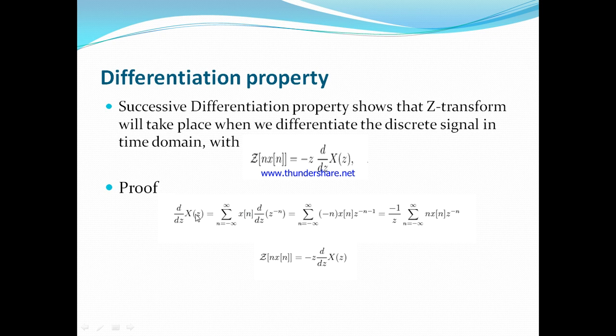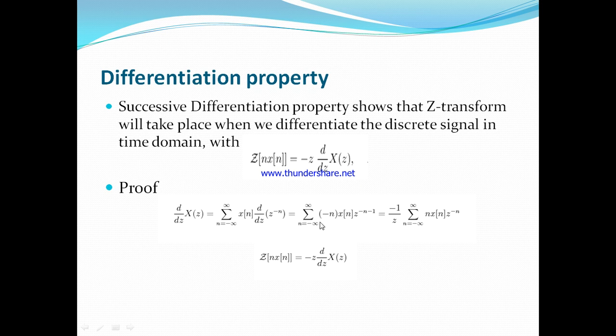Proof. To prove the differentiation property, we differentiate the equation X of z. So d by dz of X of z equals sigma n equal to minus infinity to infinity x of n into d by dz of z power minus n.